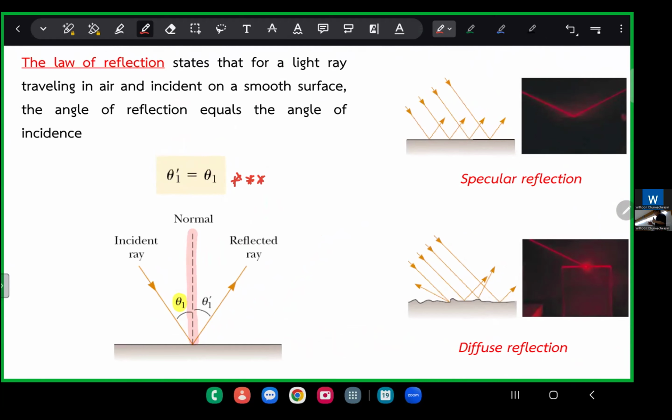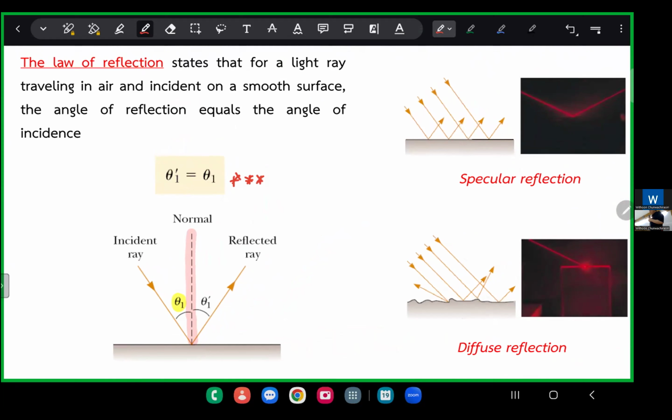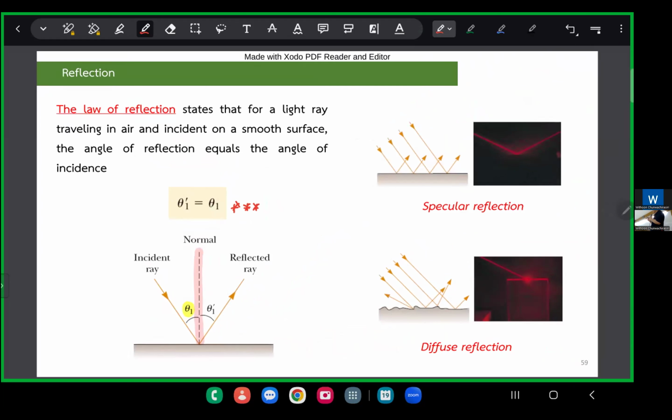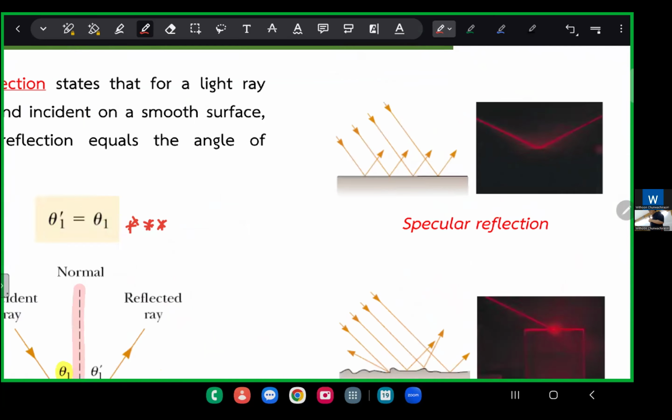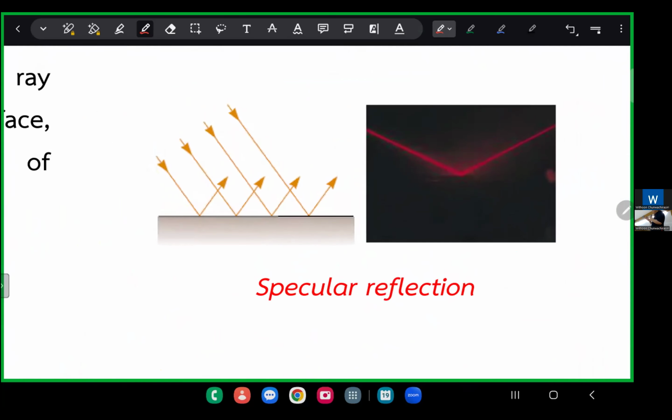But this property actually depends on how smooth your surface is. For example, if you have a pretty smooth surface, every point on the surface gets the same angle of reflection. Think of it this way: it can retain the information on the way in toward the way out.